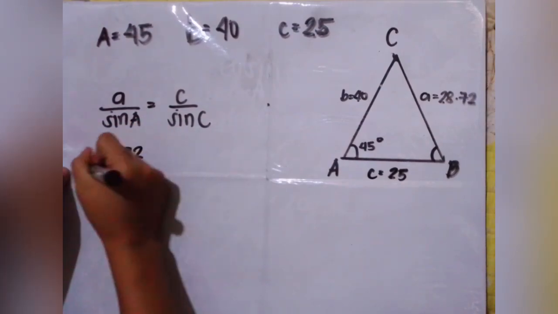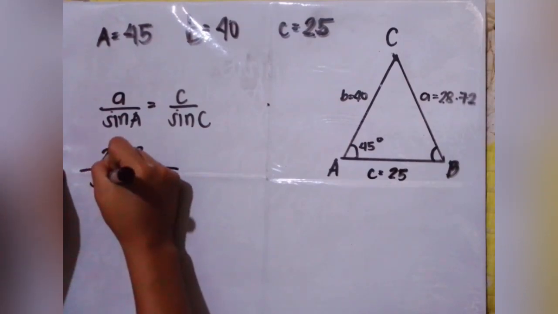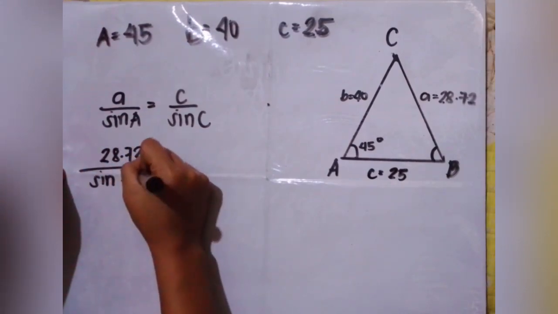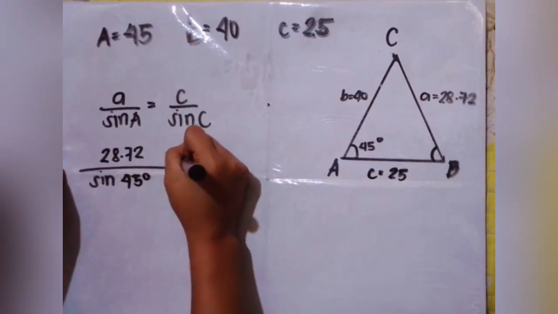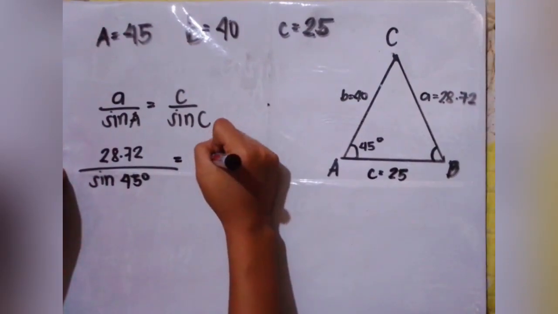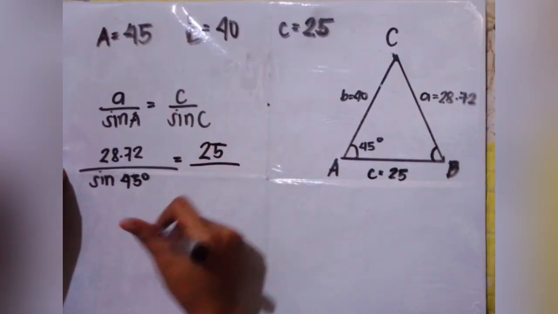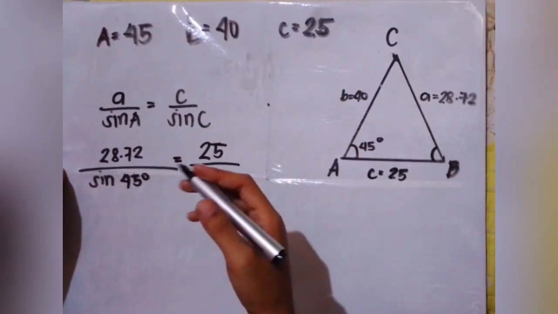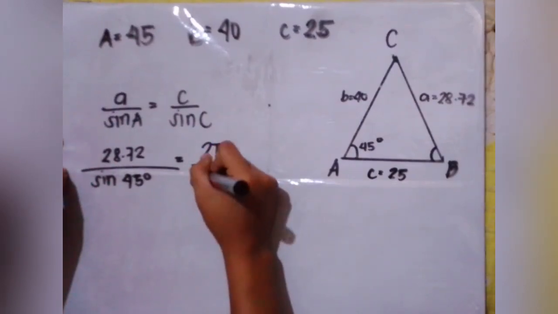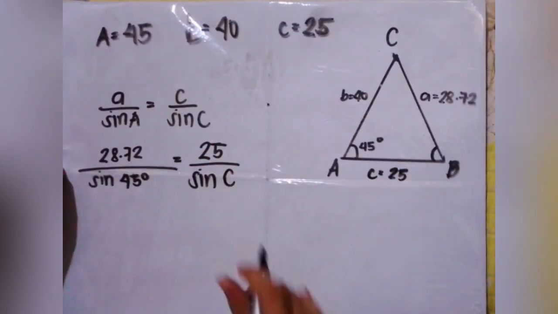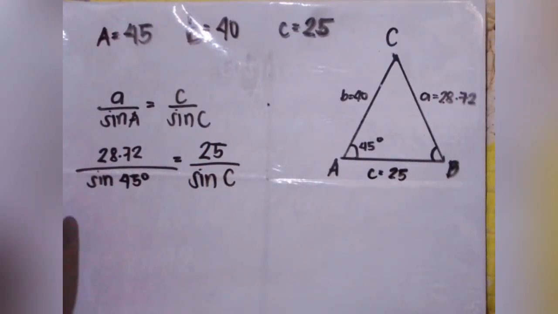28.72 over sine 45 degrees is equal to 25 over, since we don't have the angle C yet, we can write it as sine C. Then, cross multiply.